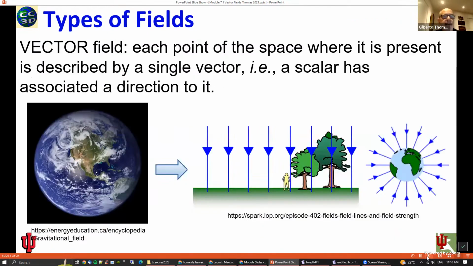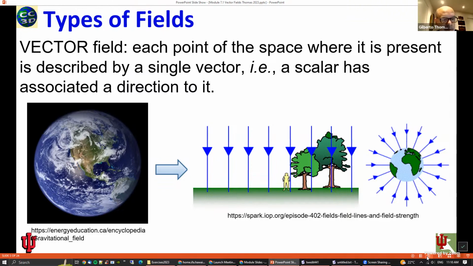Another way to represent this is a vector field. A vector field modifies the space, assigning to each point of the space a vector. What is a vector? It is a scalar which has a direction associated with it.